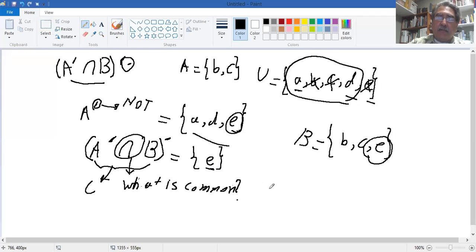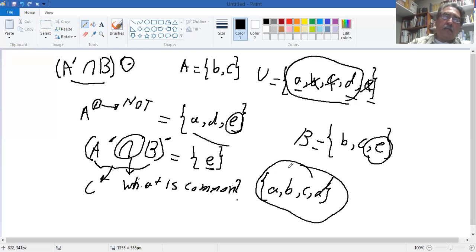So the answer would be A, B, C, and D. Put these brackets around it. So that's the answer. I hope I made it clear.